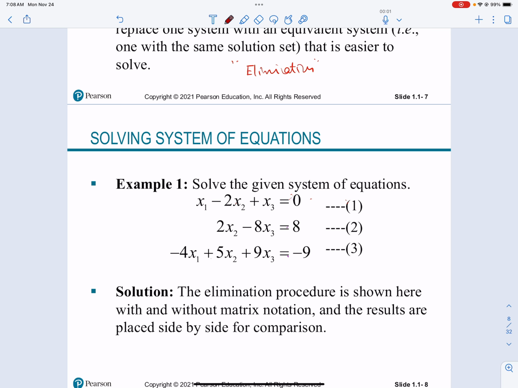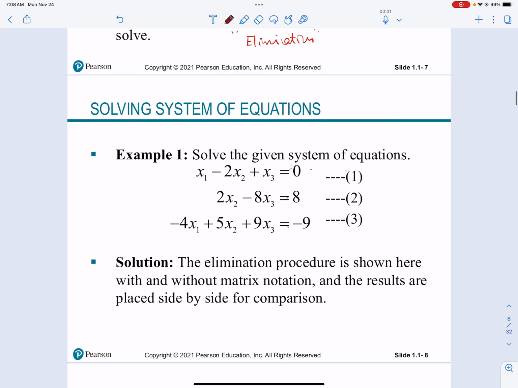Now let's go over this question. For the elimination method, when we have this question in algebra, what will be the first variable you want to eliminate? Your second equation only has x2, x3. So which one do you want to eliminate? Most likely x1.